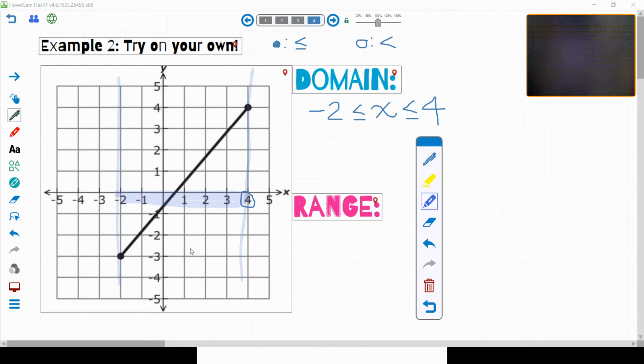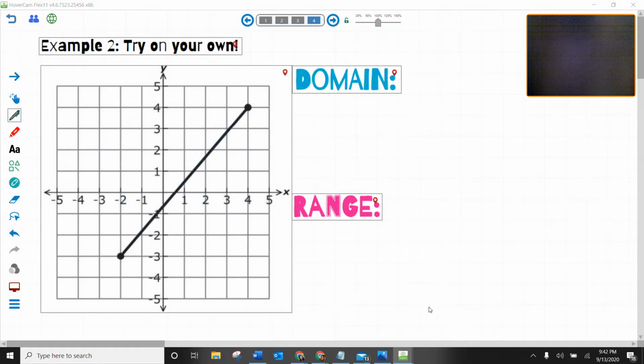If I were to pick a number like right here, that's a decimal, approximately -1.5, 2.5, I'm including all of these possible x values, even though it looks like it's going up. I don't care about going up, though. I only care about these x values that they are attached to. So, there you go.